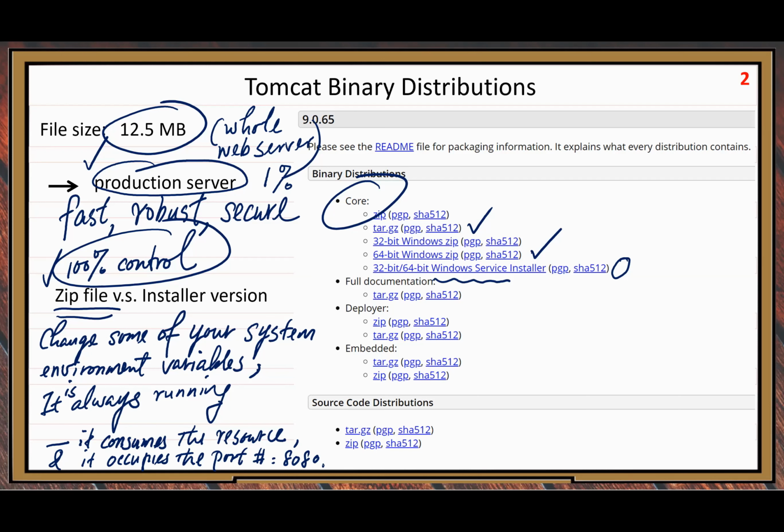On your whole machine, only one service can use one particular port number. Otherwise, if a second service needs to use that, there is a conflict problem and it won't work. So that's the reason for my recommendation: avoid that installer version as much as you can.